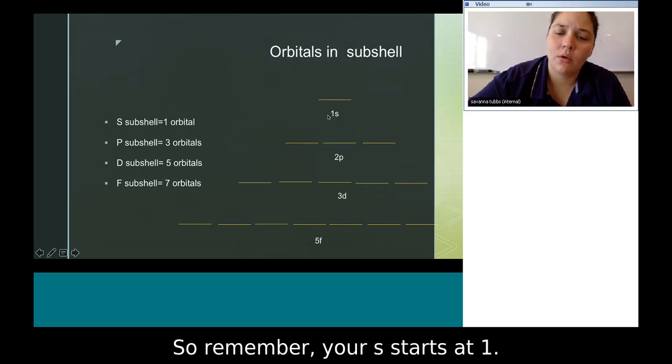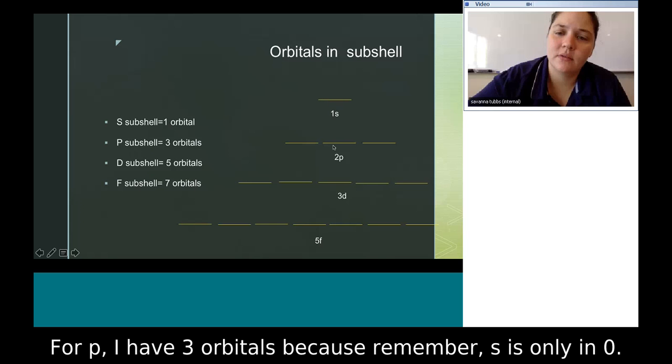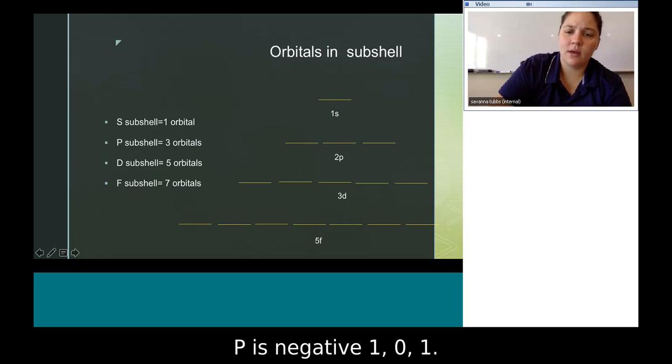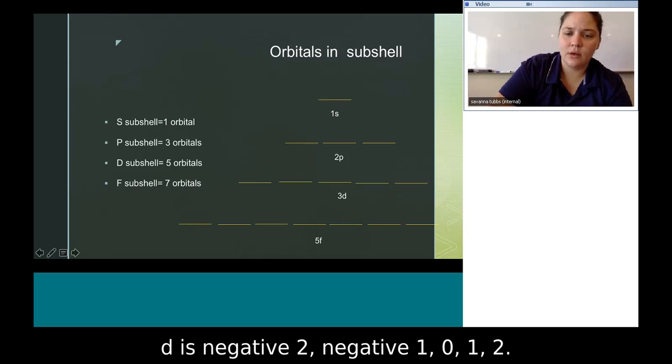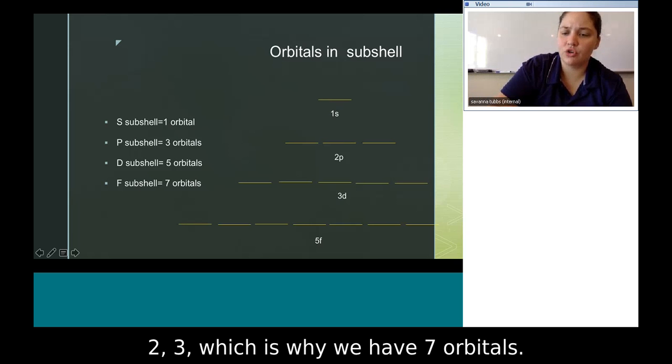So remember, your S starts at 1, and so for an S orbital, I have 1 orbital. For P, I have 3 orbitals, because remember, S is only a 0. P is -1, 0, 1. D is -2, -1, 0, 1, 2. And for F, we have -3, -2, -1, 0, 1, 2, 3, which is why we have 7 orbitals.